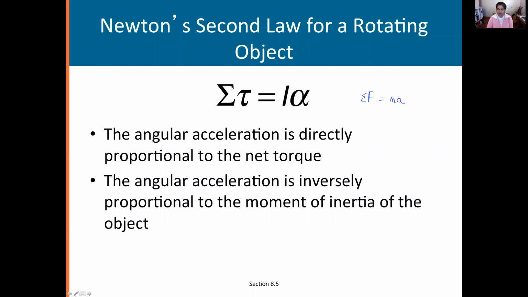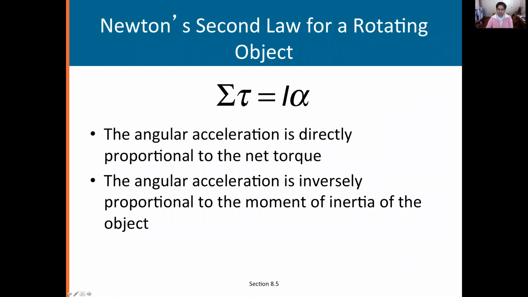So inertia is slightly different from mass. And we will see what moment of inertia is. Okay, so I stands for the moment of inertia. It has to do with the distribution of mass about the axis.